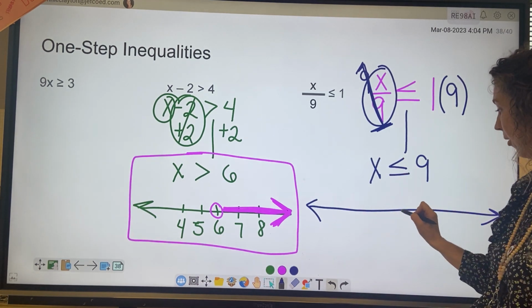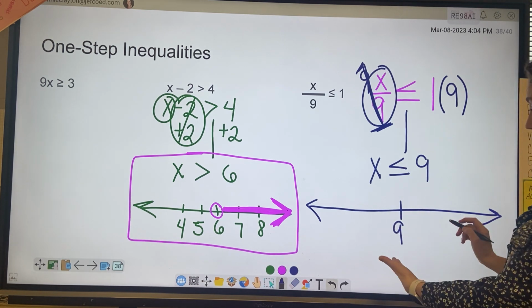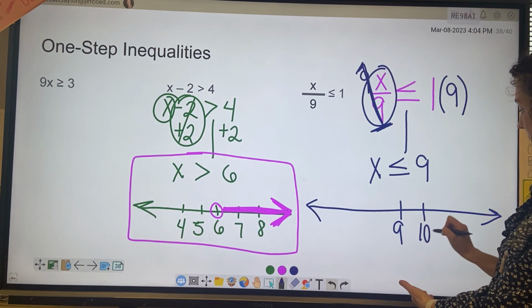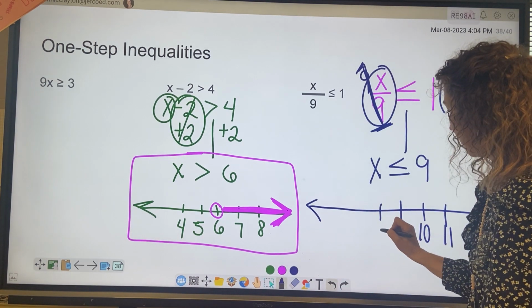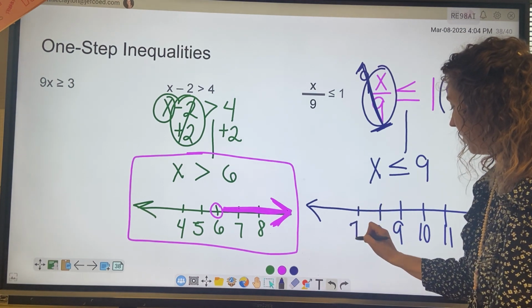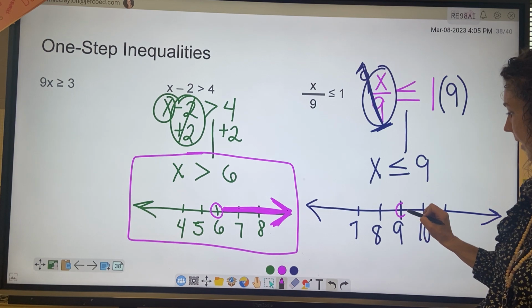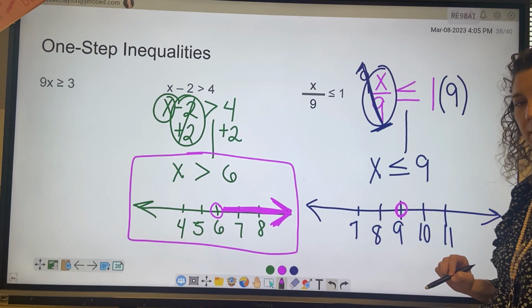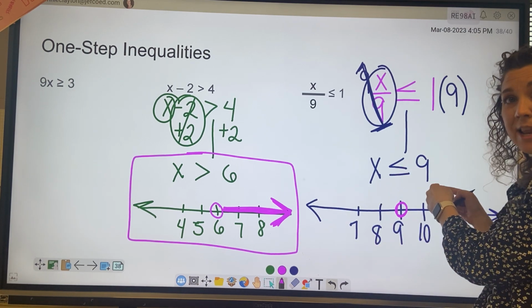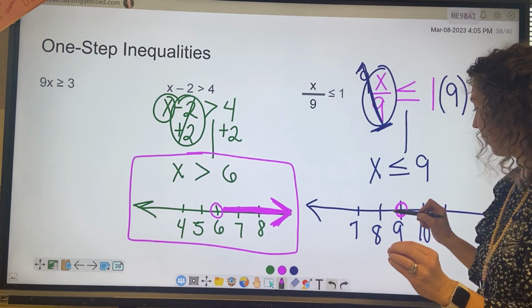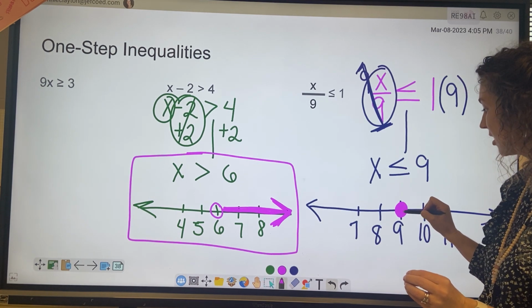I'm going to put the 9 on there because that's my key point. Now I'm just going to go up a couple of numbers, 10, 11. I'm going to go down a couple of numbers, 8, 7. All right, so I'm going to put a circle at 9. Now, because X is equal to 9, this time I'm going to shade in the circle. I'm going to make it a solid point.